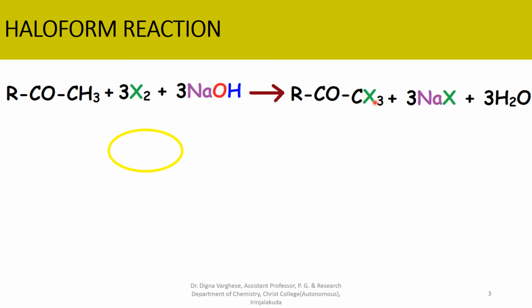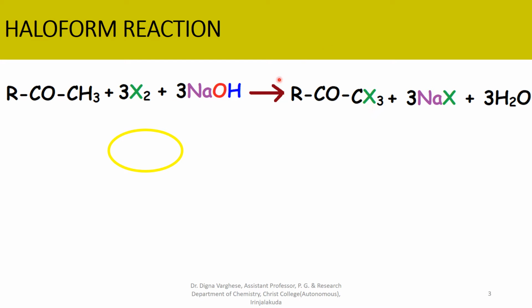The halogen is represented here by the letter X, and X can be chlorine, bromine or iodine. We know fluoroform is not formed by this reaction.